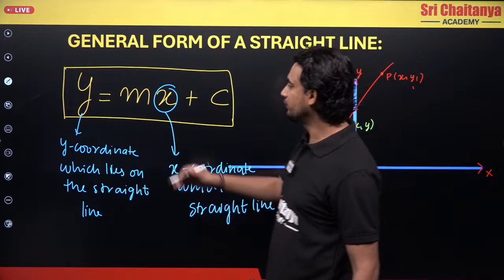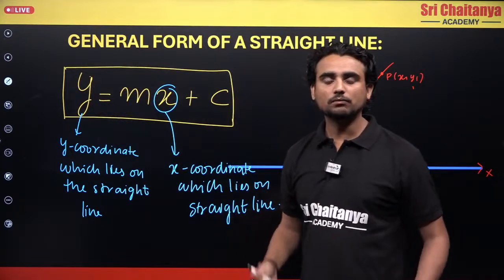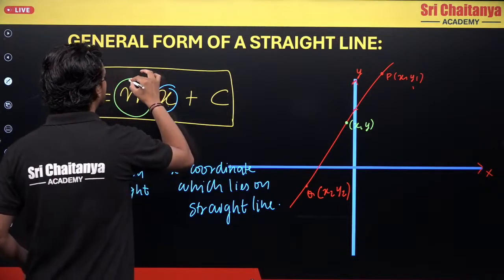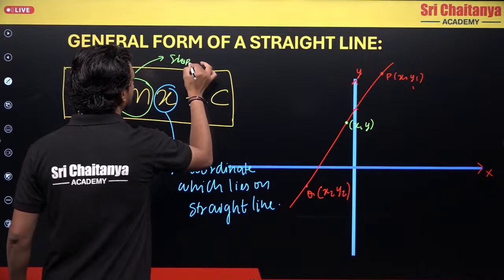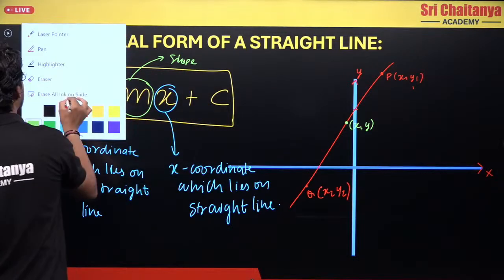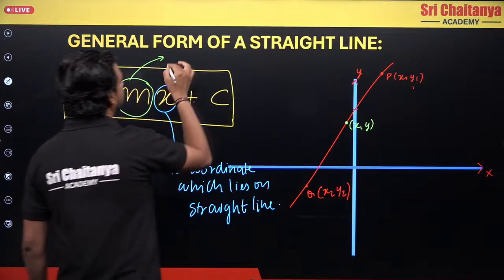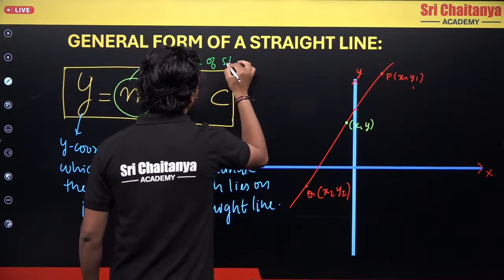Clear? Now we know what is y and what is x. But what is m? m is known as the slope of the straight line. What do we call m? m is known as the slope of the straight line.